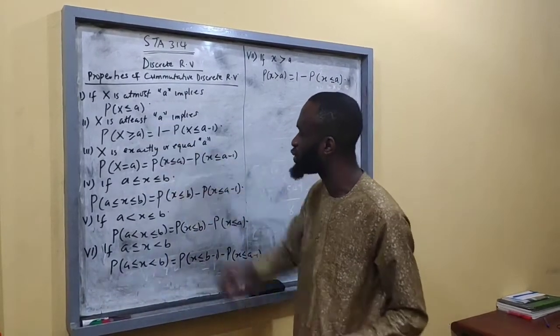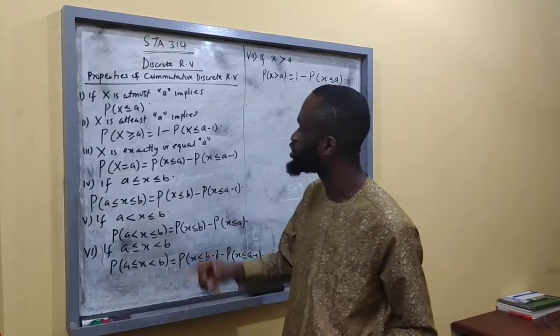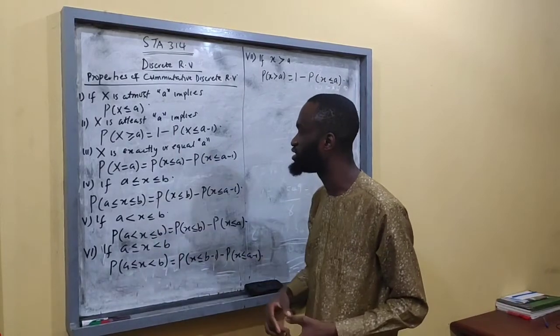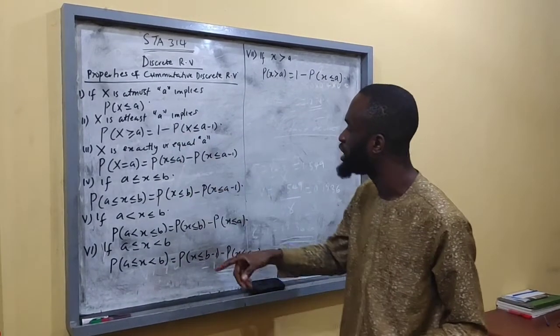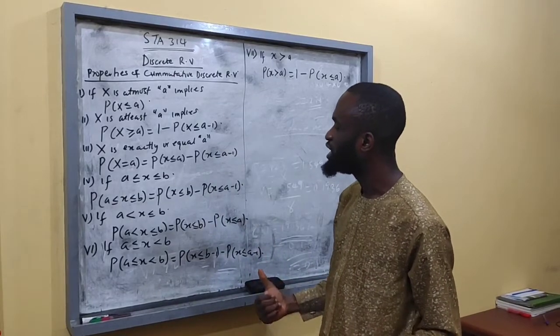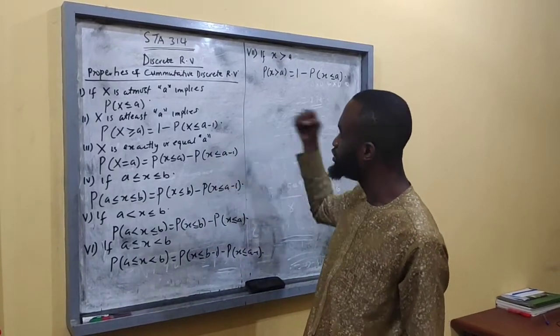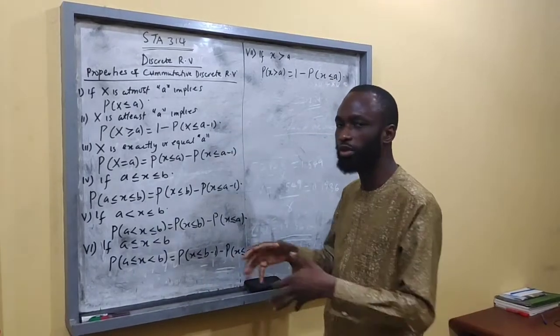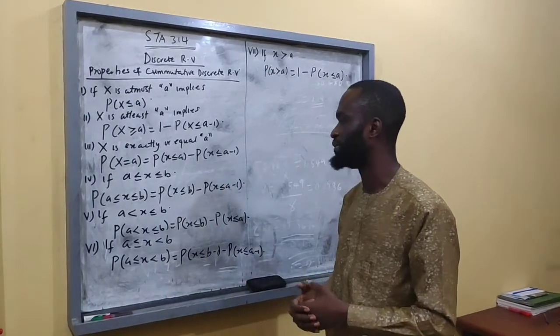Then I need to express x greater than or equal to a in the form of x less than or equal to a, and that is equal to 1 minus the probability of x less than or equal to a minus 1. It means you are going to remove 1 from your a, for you to be at that point of greater than.